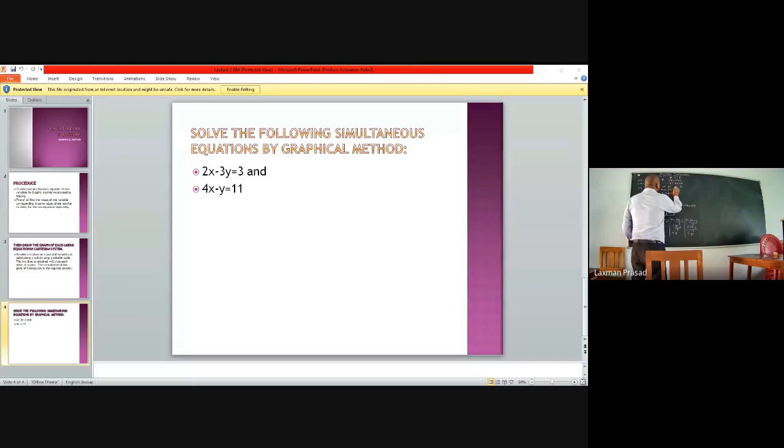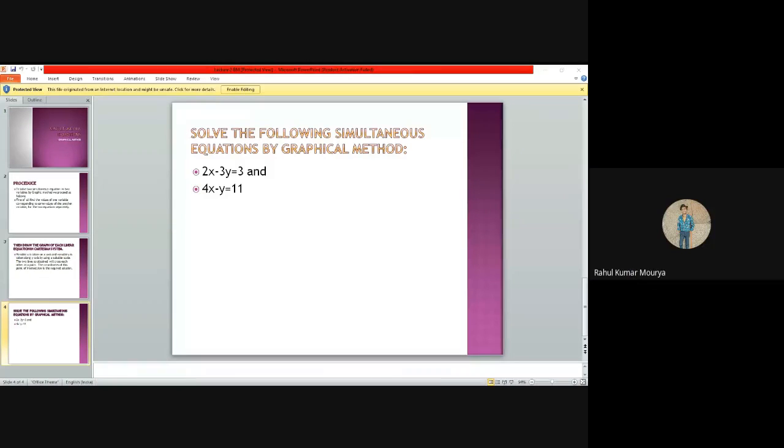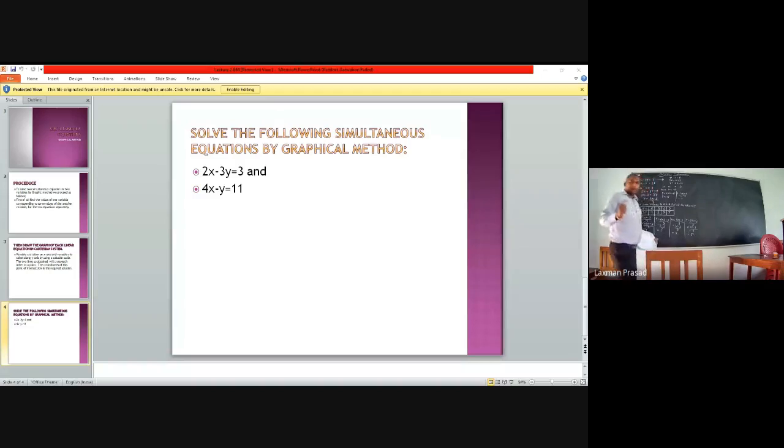Then, if the value of x is 3, then y equals 4 into 3 minus 11. So 12 minus 11 equals positive 1. So if the value of x is 3, then the value of y is plus 1.